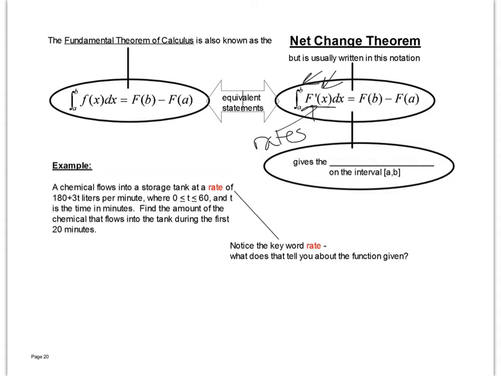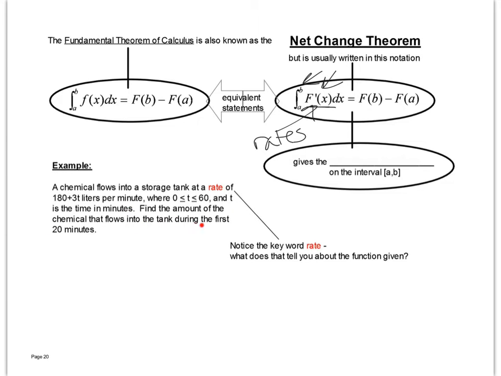So let's do an example that looks like just that. A chemical flows into a storage tank at a rate. Keyword there, rate. We're talking about a derivative. A rate of this crazy expression per minute, where 0 to 60 is t, and t is in time in minutes. So we're talking about an hour.